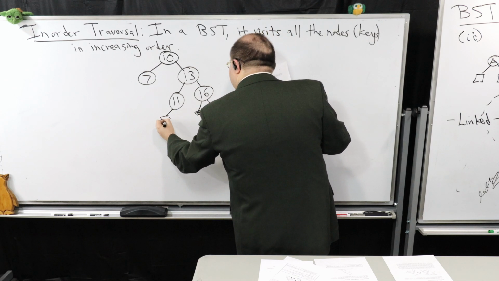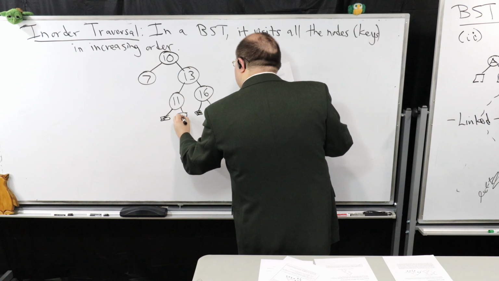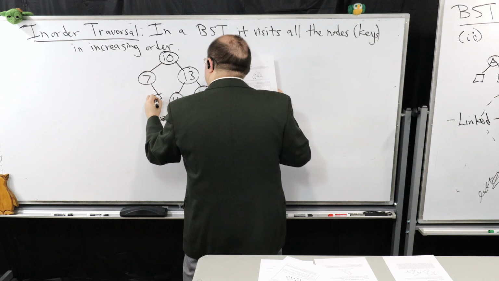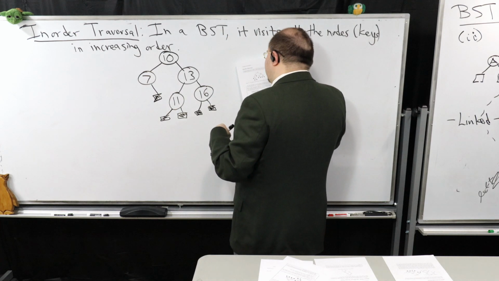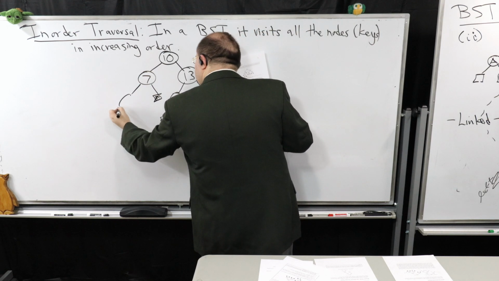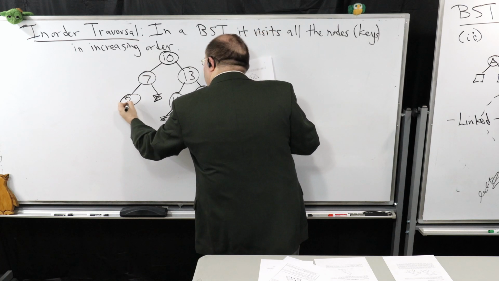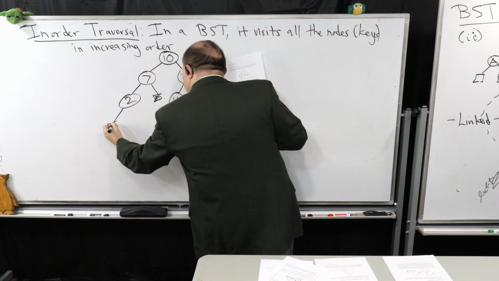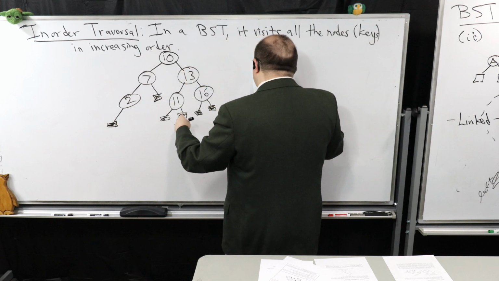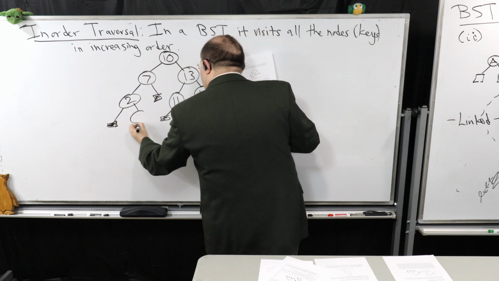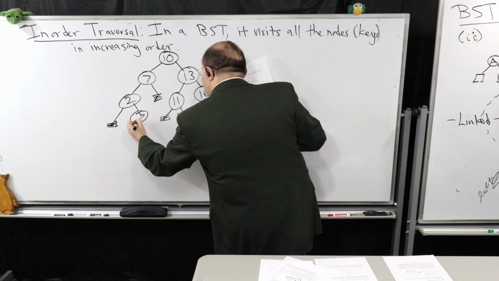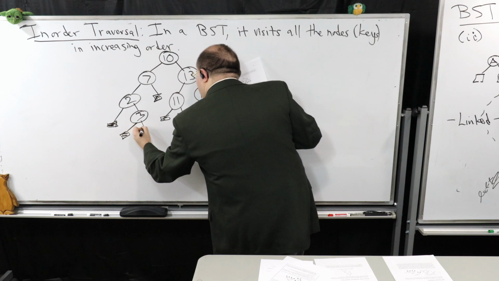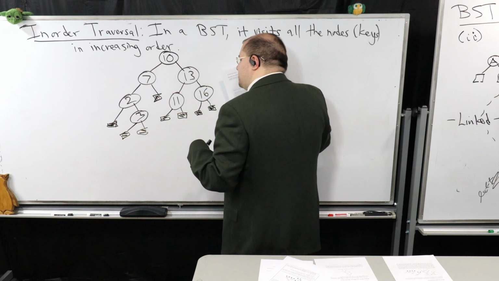And I'm just going to draw in the leaves. 7 is not going to have a record for its right child. It's going to be a leaf. Then I'm going to have 2 as its left child. The left child of 2 is going to be a leaf. Then I'm going to have 3 as its right child. And then I'm going to simply have the left and the right here be leaf nodes.